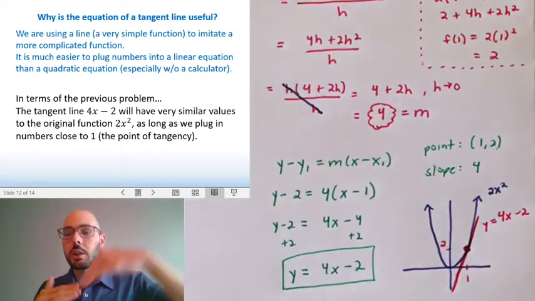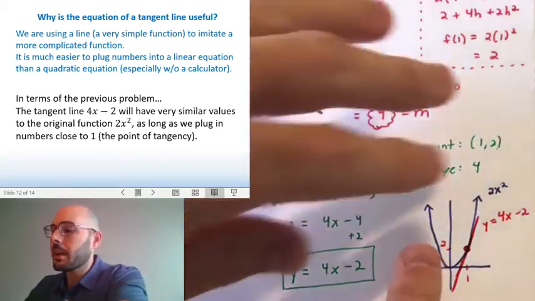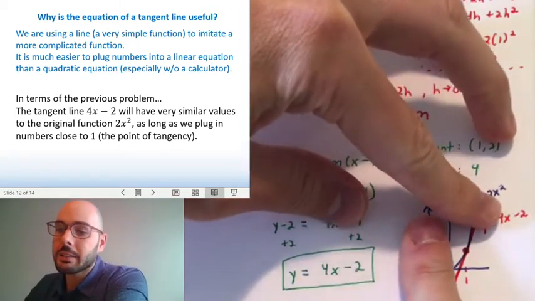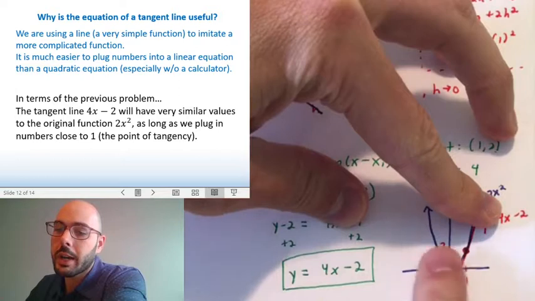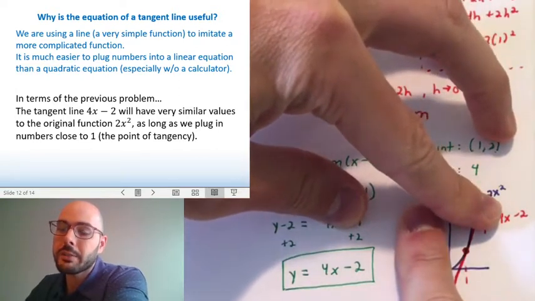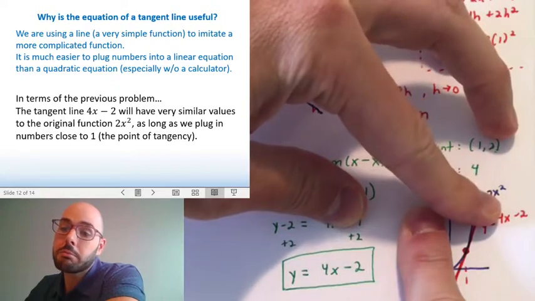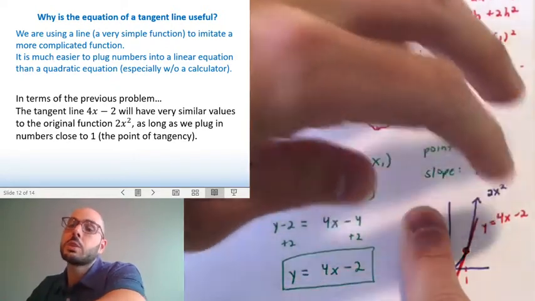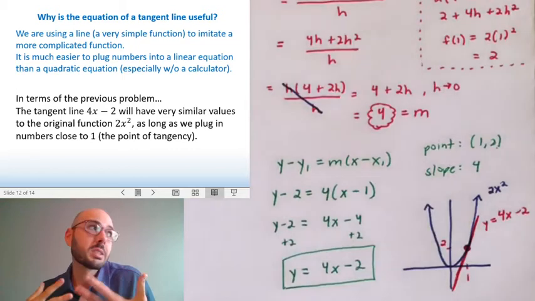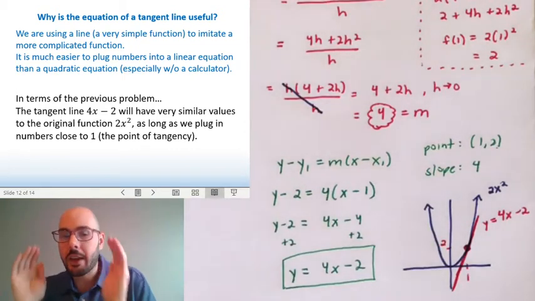Of course, eventually it gets farther away from it, but if I'm just looking nearby, so if I'm just looking kind of close to where x is 1, close to that point of tangency, the line is very, very close to the graph of 2x squared. You would almost say it looks like it's almost the same graph, as long as you're just looking in that one area.